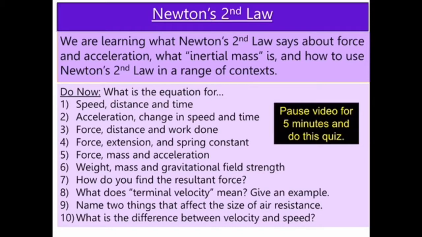Number 3, work done equals force times distance. Number 4, force equals spring constant times extension. Number 5, force equals mass times acceleration. And number 6, weight equals mass times gravitational field strength.